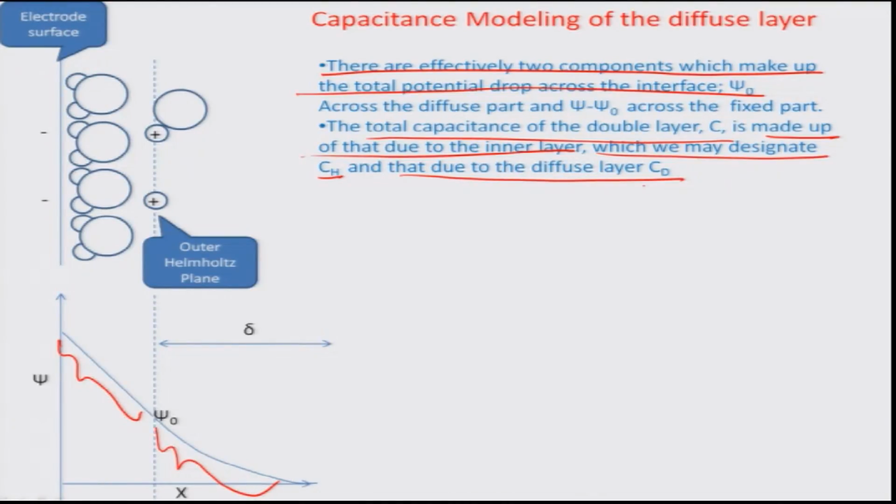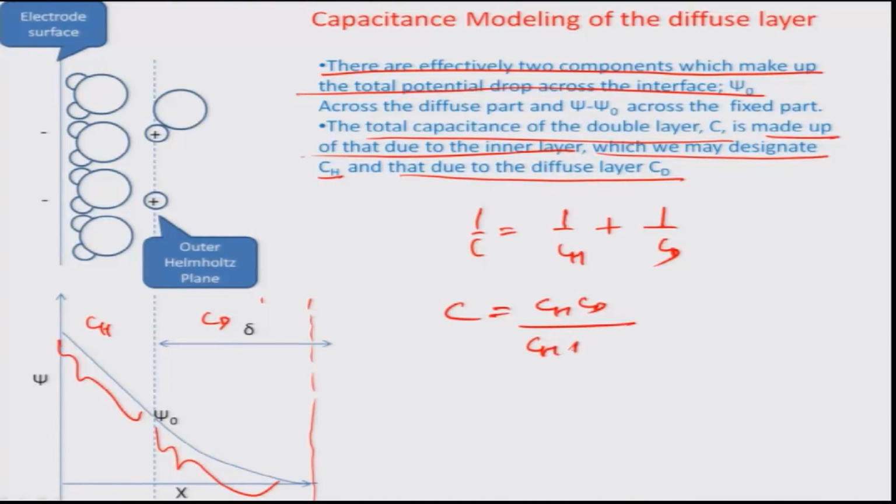We can have this total capacitance as a series combination of CH and CD. So, 1 by C equals 1 by CH plus 1 by CD, so that the total net capacitance comes out to be CH CD by CH plus CD.